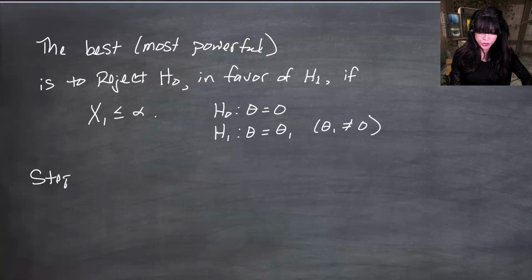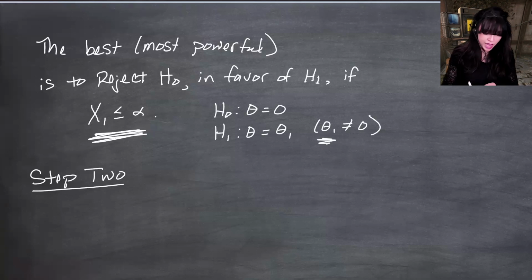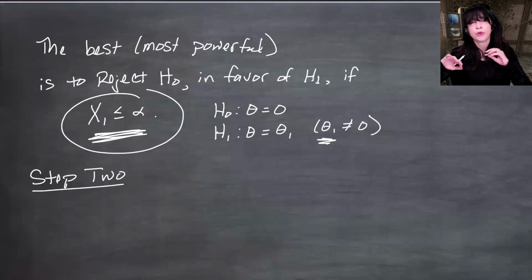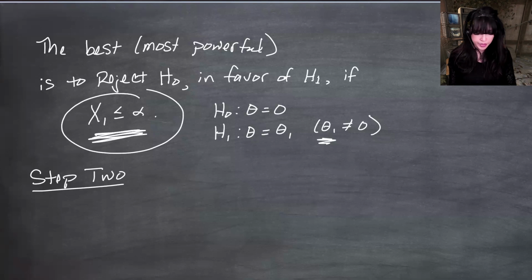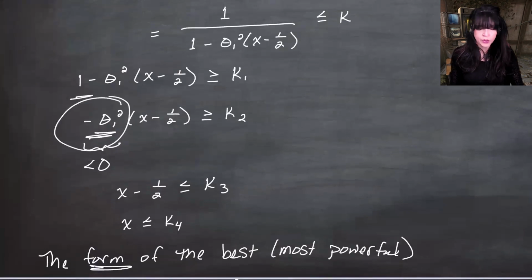But those are not the original hypotheses that we care about. We had that our alternate hypothesis was all the theta not equal to 0. So if you look at this, you'll note that there's no theta 1 in there. Our choice of theta 1 may have affected this if, say, when we divided by theta 1, whether it was positive or negative, something would flip or not flip. But you'll notice that when that actually happened in this problem, we divided by a negative theta 1 squared. So if theta 1 itself is positive or negative, you square it, that's positive.